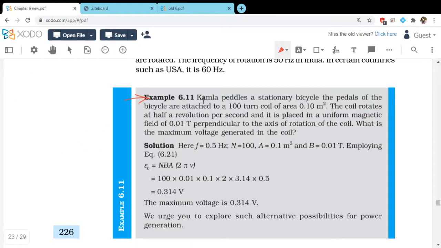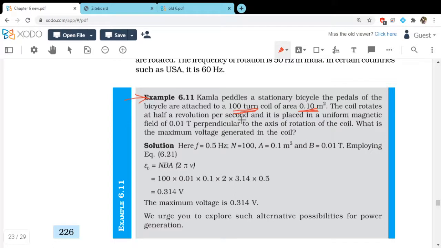In our case, Kamla pedals a stationary bicycle, attached to a 100-turn coil of area 0.10 meter square. So here the number of turns is N, and the area is A. The coil rotates at half a revolution per second.